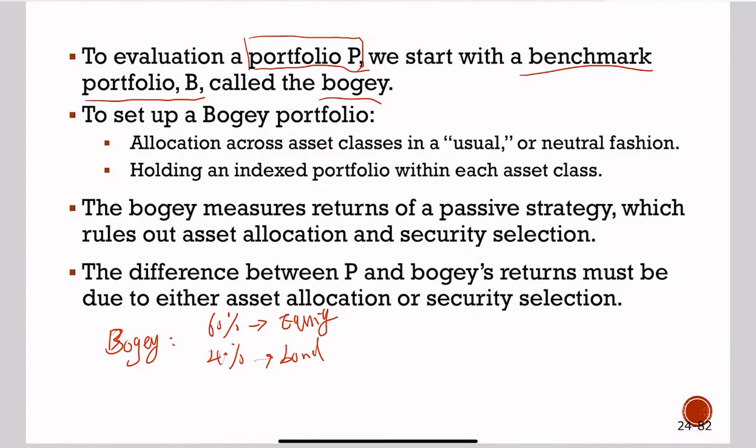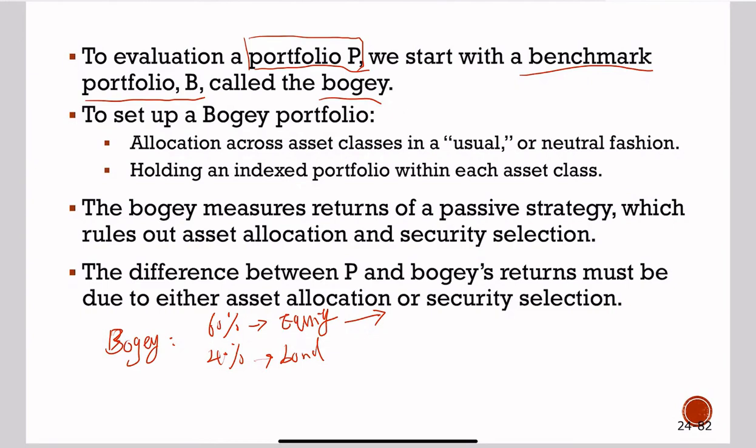Because we're trying to allocate in a vanilla fashion, since this 60-40 split between equity and bond is quite common among investors. So I'm just trying to be vanilla, right? Nothing abnormal here. And then I will only hold index portfolios within these different assets.